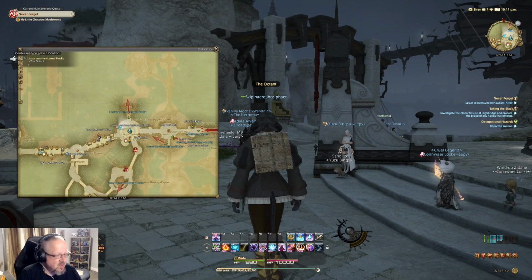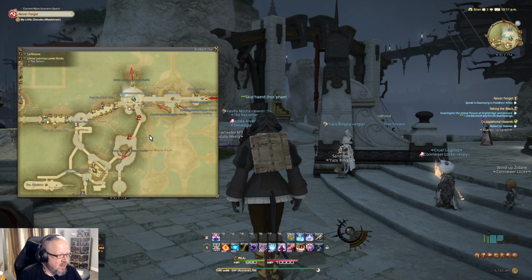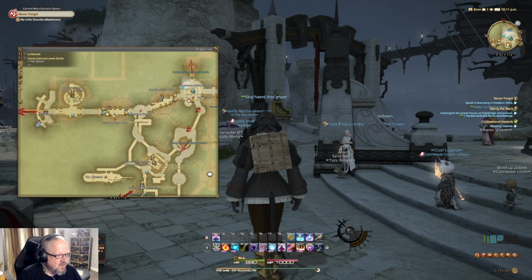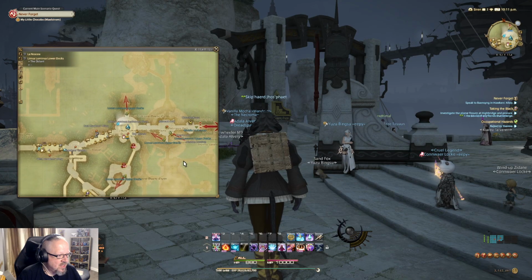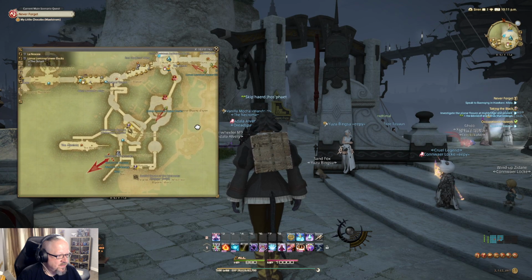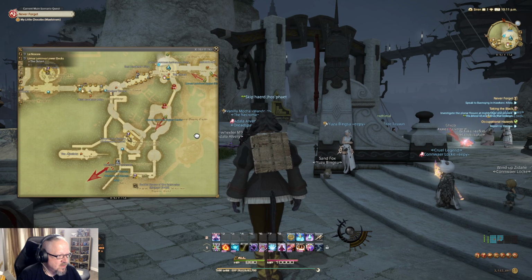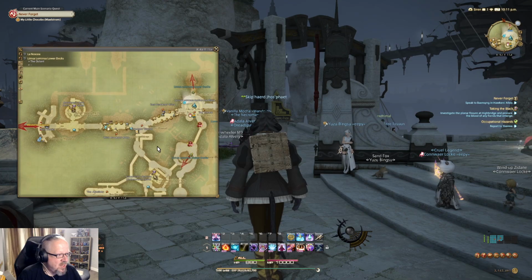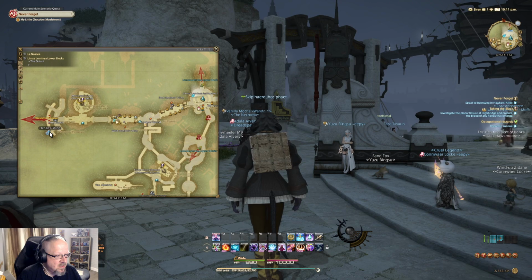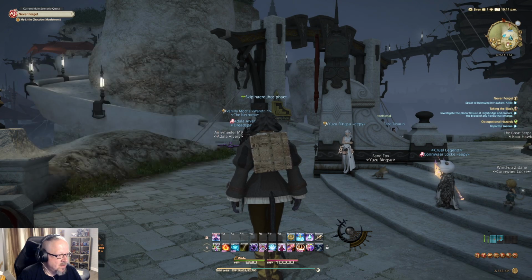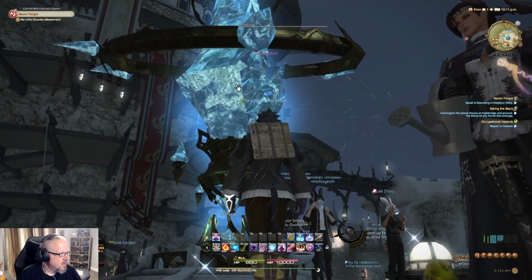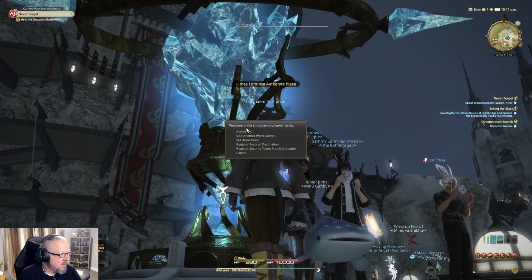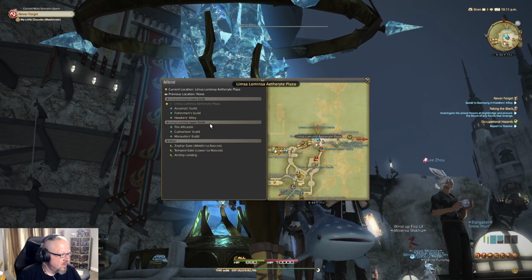How do I get to the lower decks from here? Upper decks, upper decks. Western Thanalan, upper decks, why can't, you know what? Ethernet, lower decks.